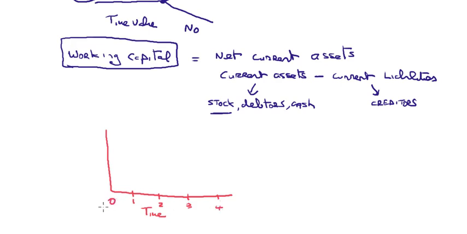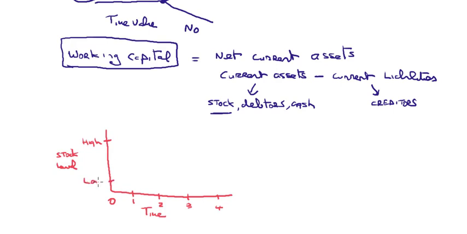In this instance, we call year 0 the very first day of our project. Let's pick just the stock as an example of working capital. These are our stock levels over the duration of our project. Here's a high level of stock, and here's a low level of stock. You won't put a number on it.